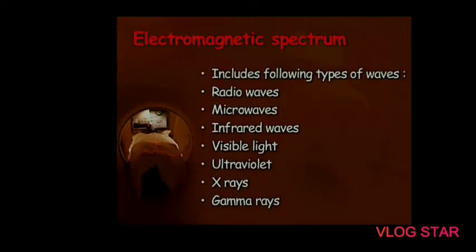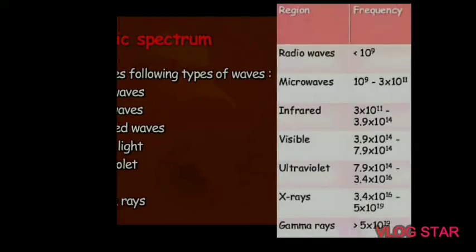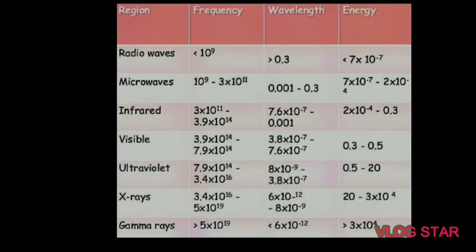Then after that, we will see the types of waves, that is radio waves, microwaves, infrared waves, visible light, ultraviolet, X-rays and gamma rays. If we consider the frequency and wavelength of radio waves through gamma rays, then this table shows the different values of frequency and wavelength for each wave. For the radio wave region, the frequency is about 10^9 and the wavelength is 0.3.